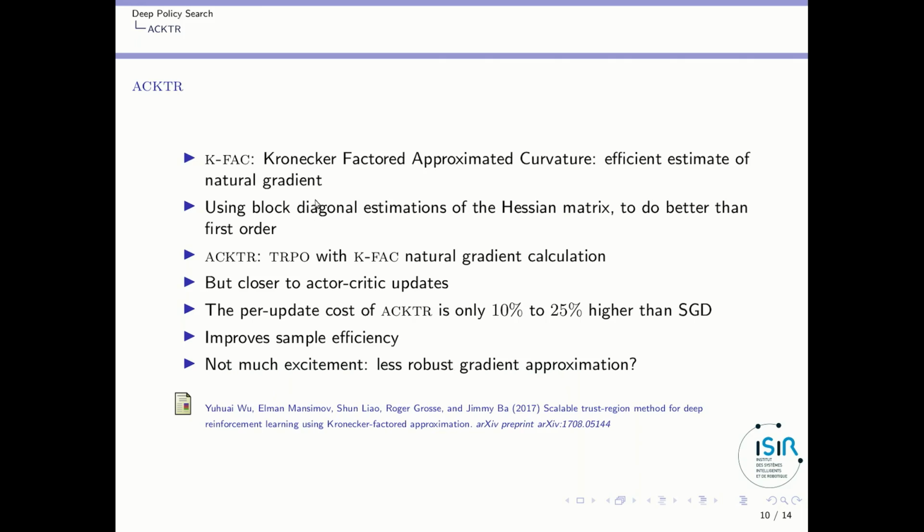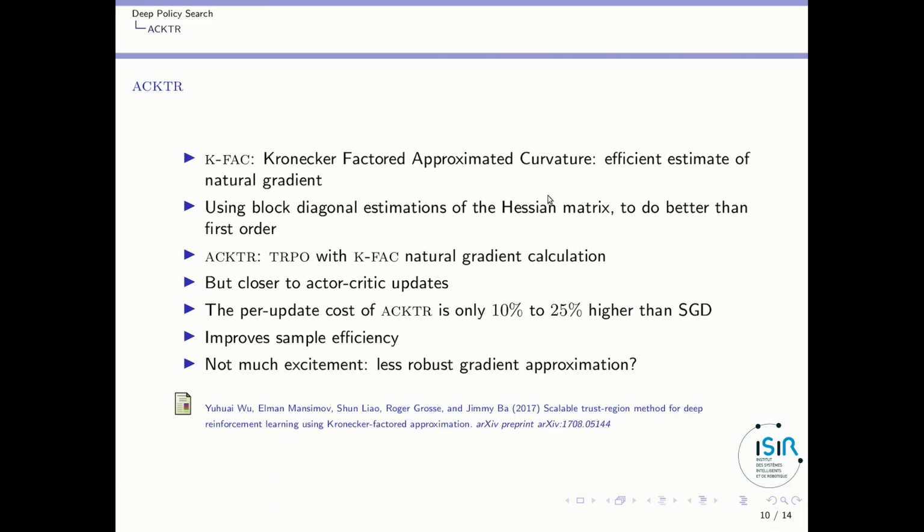So what's ACKTR? ACKTR is very close to TRPO, but it computes the natural gradient in a different way. Actually, it uses what is called a Kronecker-factored approximated curvature. So instead of using a first-order approximation of the natural gradient as is done usually, here it uses a second-order approximation of this gradient using a Hessian matrix, which will be more accurate than the first-order one.